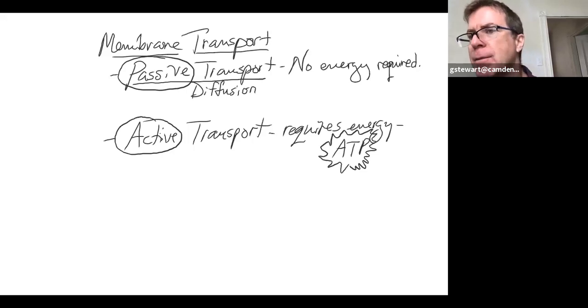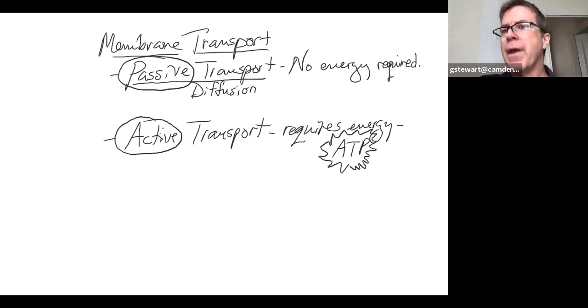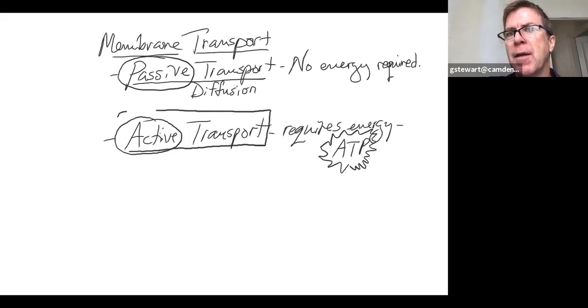And once that terminal phosphate is cut off, that molecule is considered used. Now, there's different ways to regenerate it and to make more ATP, but we have to use those ATP molecules in order to perform this type of transport. This, we say, is moving something against its concentration gradient.